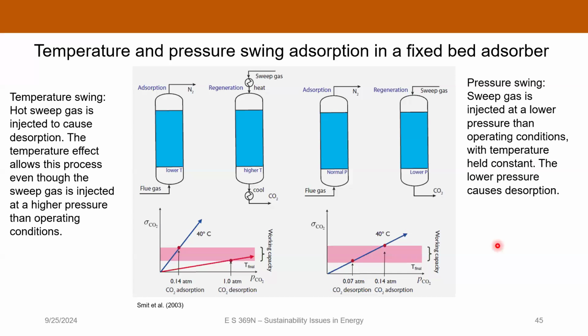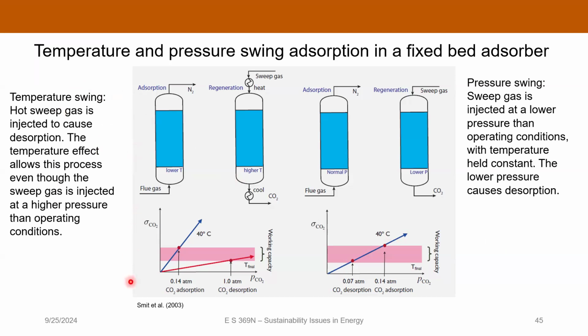And so typically what we do is you'll have either a pressure swing or a temperature swing desorption, or some combination of those two. So in a temperature swing, what we do is we actually purge the reactor with heated gas, because that is going to reduce the sorption capacity.